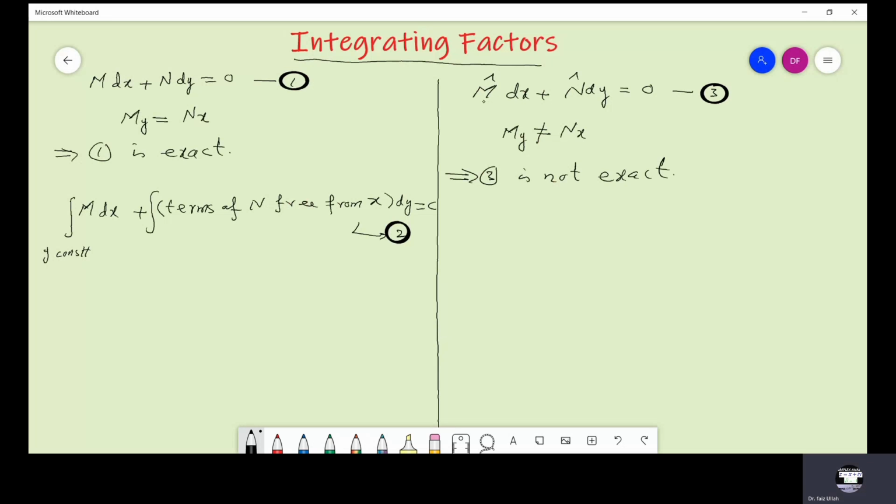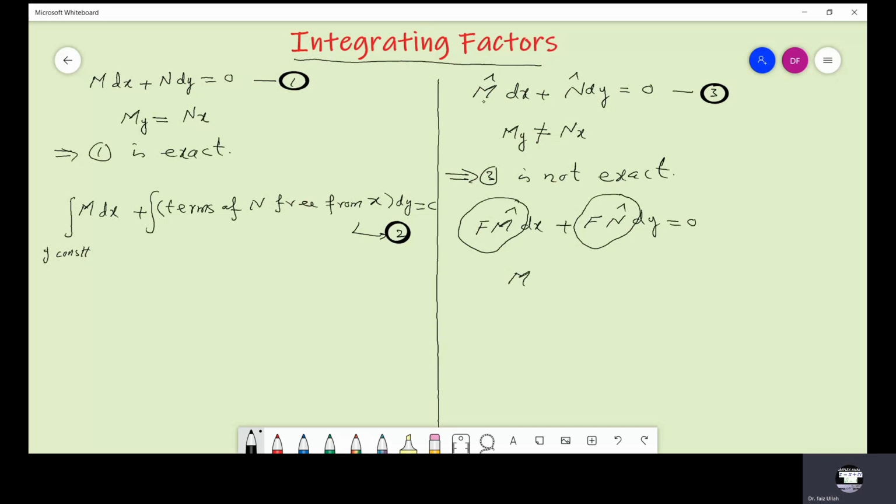Now if we multiply equation 3 with some particular function, let us say f, then I get f M cap dx plus f N cap dy is equal to 0. In this case, M is the coefficient of dx and N is the coefficient of dy.